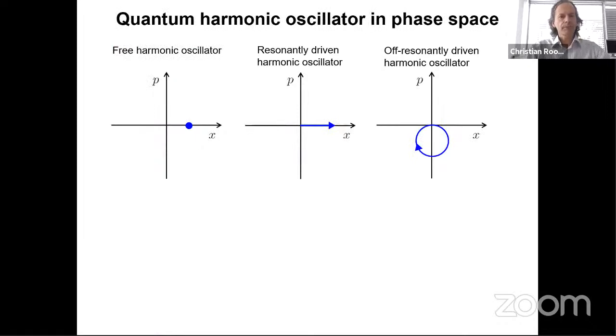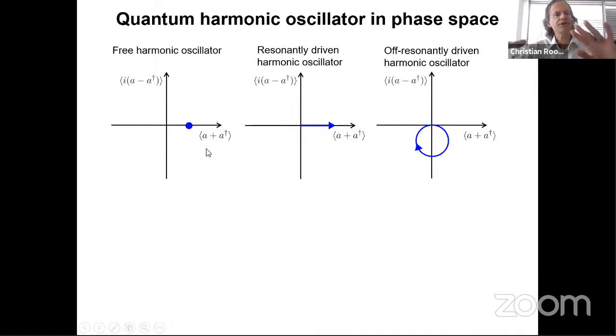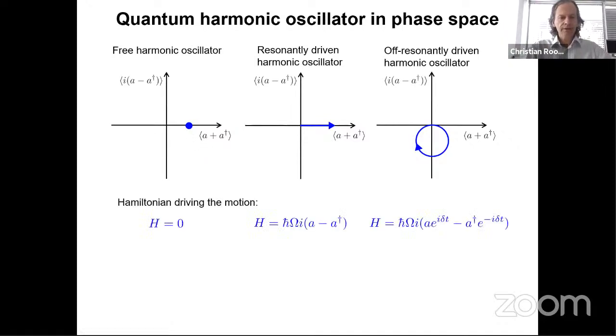In that case, I have to introduce a phase space with the different quadratures, and maybe a Wigner function or something like this, which describes the motional state that I consider. So what kind of Hamiltonian do I need to realize these different terms?